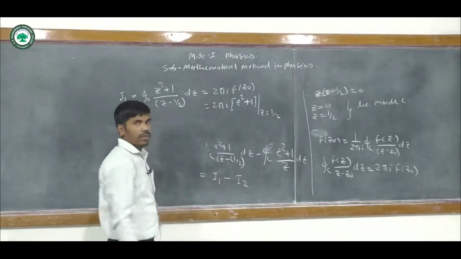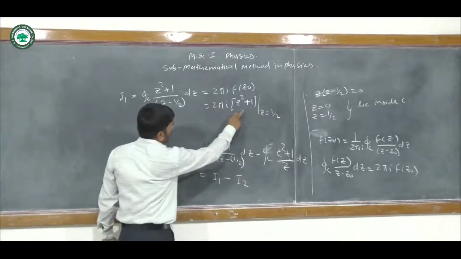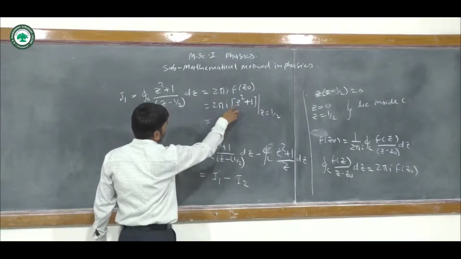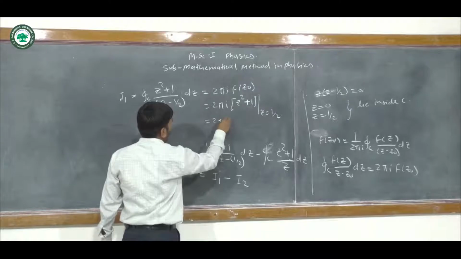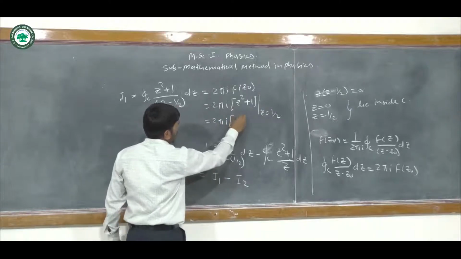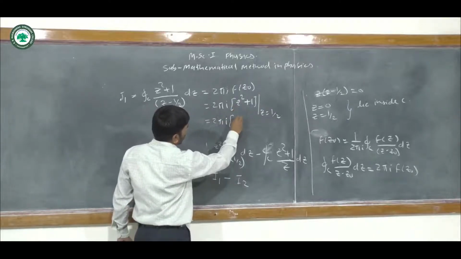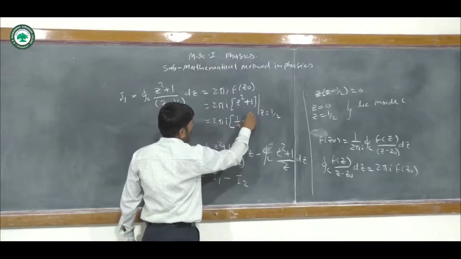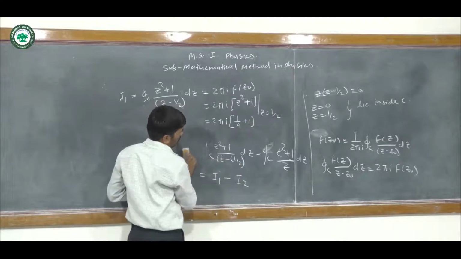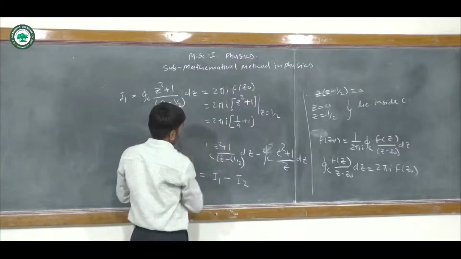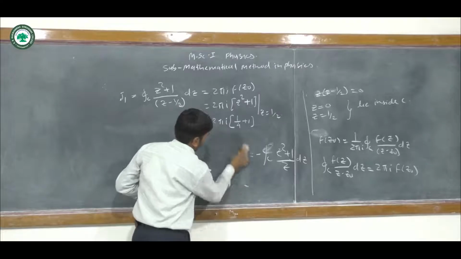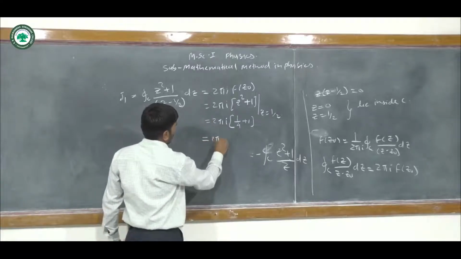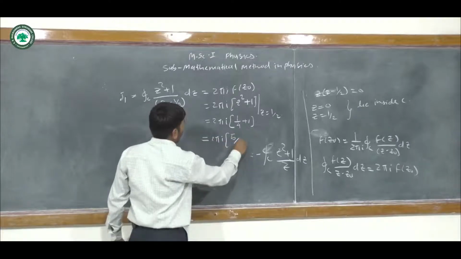If I put z is equal to half in f of z, it is 2 pi i times half square, that is 1 by 4 plus 1, which is 5 by 4.